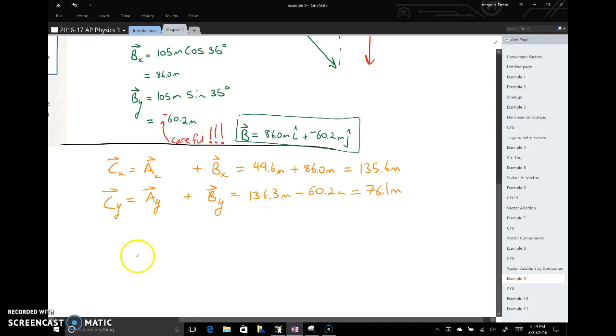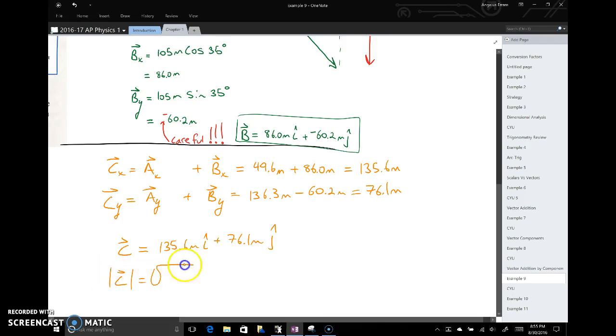So to find the magnitude of C, we can put this all together. So we've got 135.6 meters i hat plus 76.1 meters j hat.